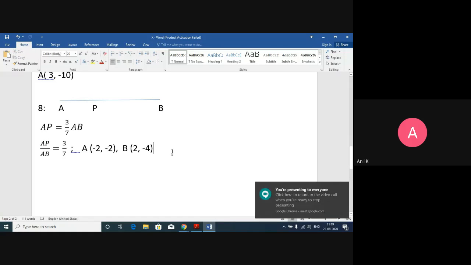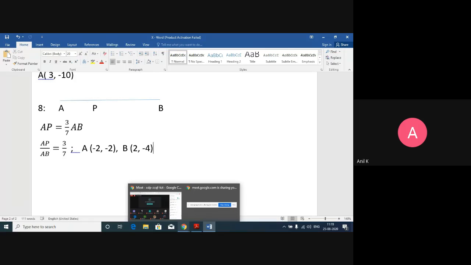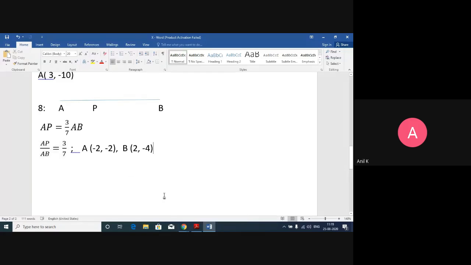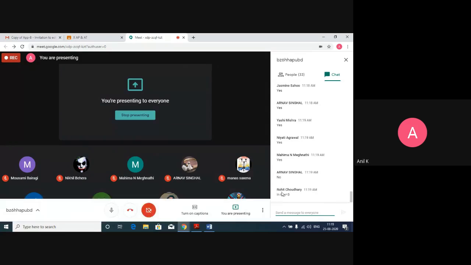Can anyone tell me why it is wrong? You cannot apply the section formula with the ratio 3:7. Why it is wrong, Arnav?